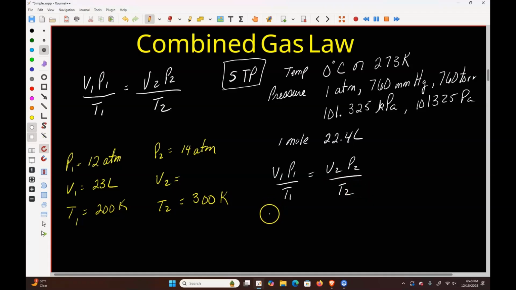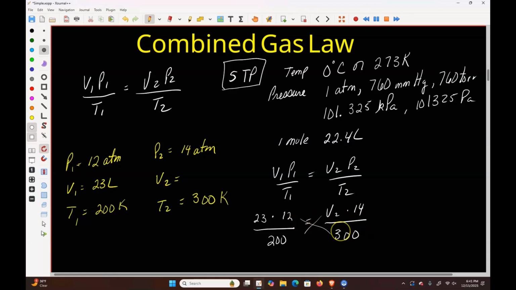The original volume is 23 times the original pressure, which is 12, over the original temperature, 200 Kelvin. I do not know the volume. The pressure is 14 atmospheres, and the temperature is 300 Kelvin.